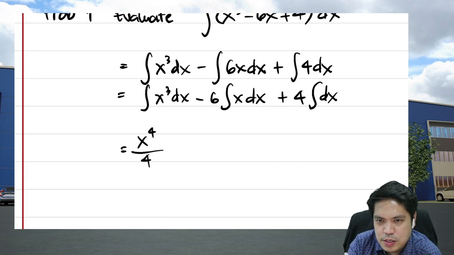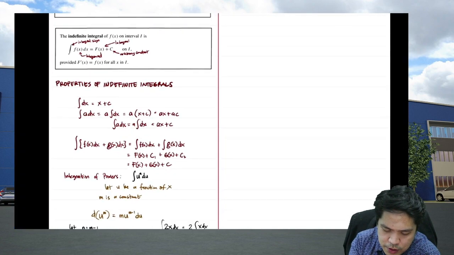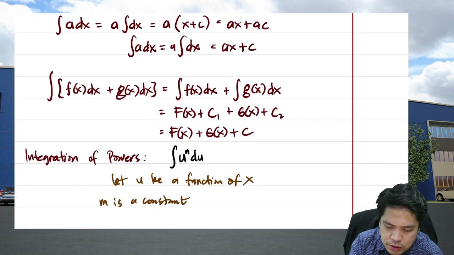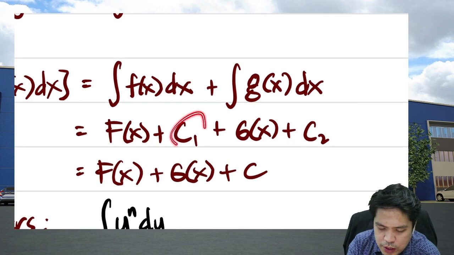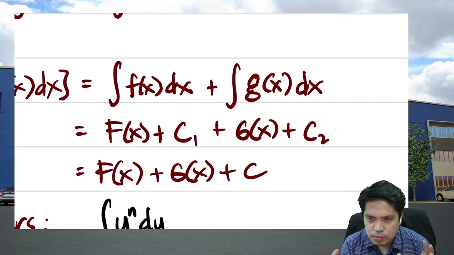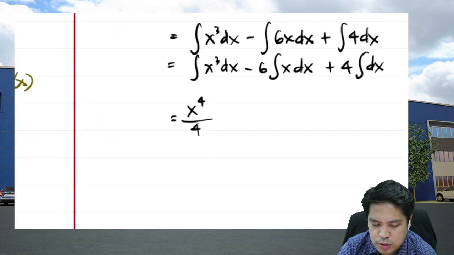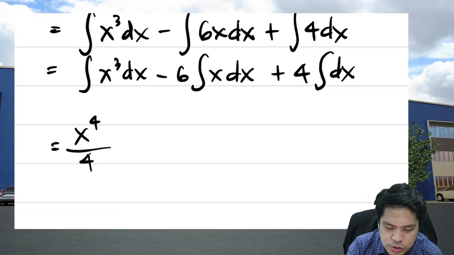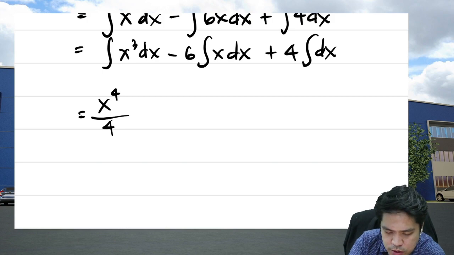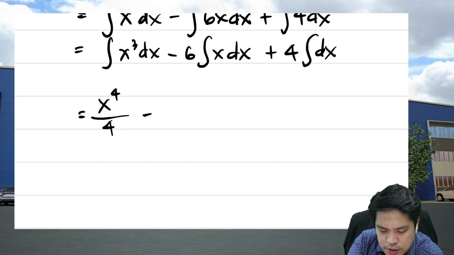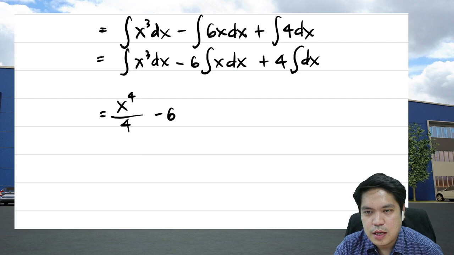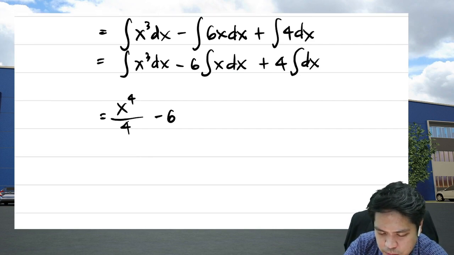4. Then plus c1. But remember na yung mga c natin, yung individual constants of integration natin, we just combine that into a single constant of integration. So isahin lang natin yung constant of integration dito. So no need to put c1. So that would be, sunod, that's 6 times the integral of x. Remember, you answered this already kanina.